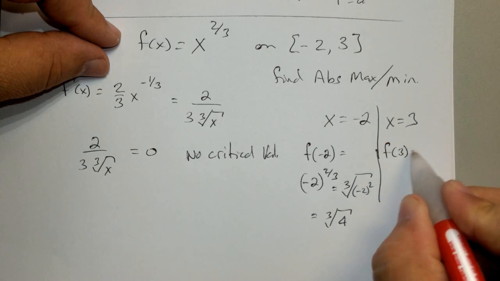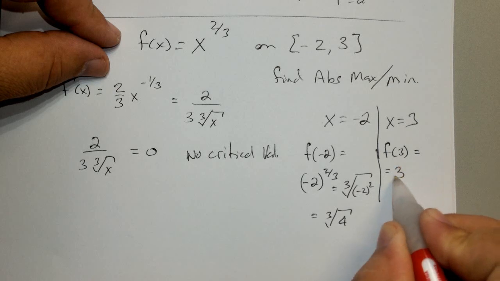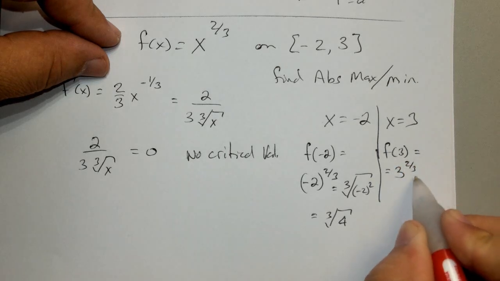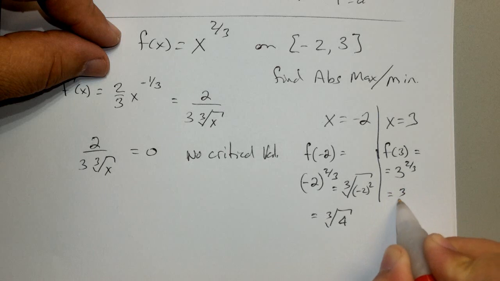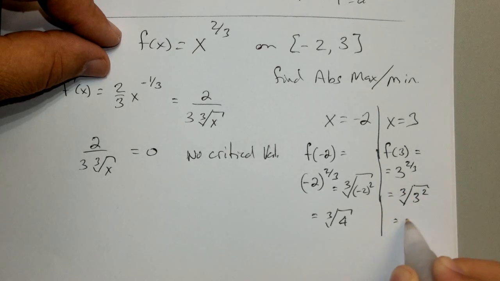And f of 3 is 3 to the power 2/3, which makes it the cube root of 3 squared, which is the cube root of 9.